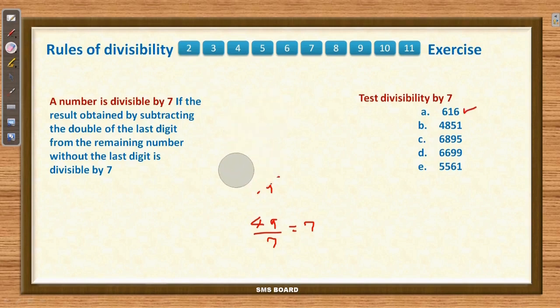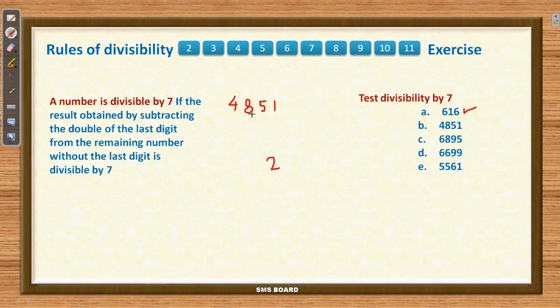Let us discuss the second problem, 4851. What is the last digit here? The last digit is 1. So double it: the double is 2.